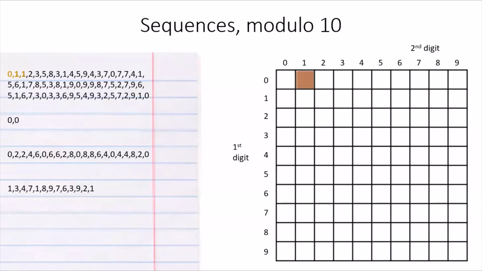Then the next pair is 1, 1, so let's color that as well. And then we have 1, 2, and we fill that in. And then we have 2, 3, and we fill that in. And we can keep going like this. Here's 3, 5, and 5, 8, and 8, 3. And as we keep filling these in, we start drawing a picture.